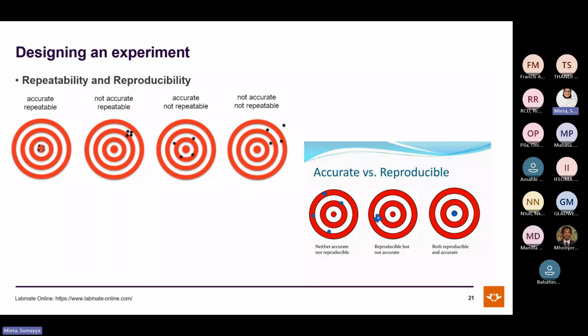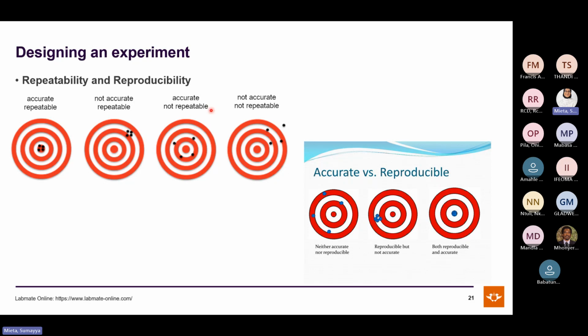Okay, so we want all of our results to be on the target. And all 4 experiments that you conducted, you got results in the center, on the target, on point. Then it could be repeatable, but not accurate, in that all the results are in the same range, but they're not at the target, which is where they should be. So they're repeatable in that every week that you conducted the experiments, you got the same results in the same range, but they were not what they were supposed to be at the target.